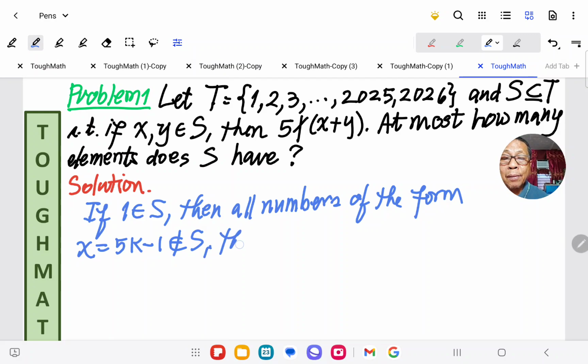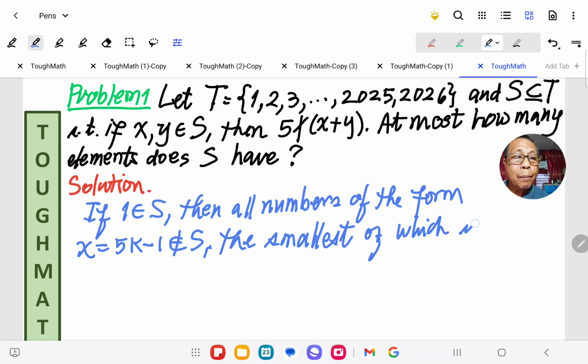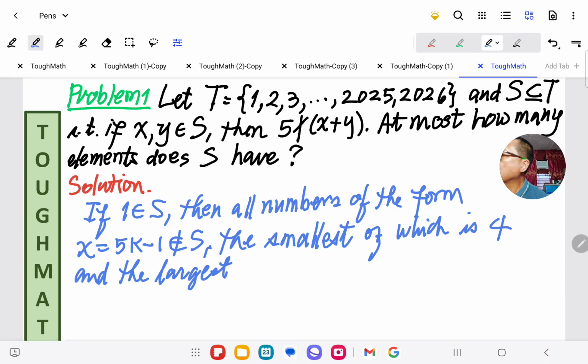And the smallest of these numbers is 4, and the largest is 2024.